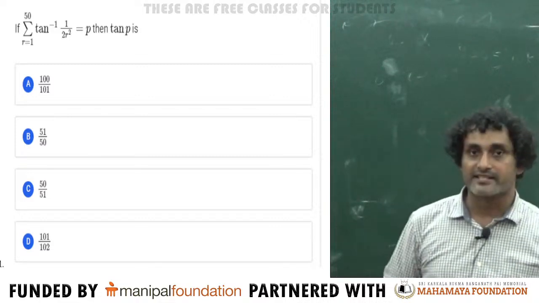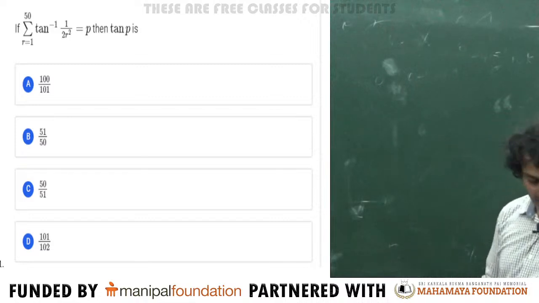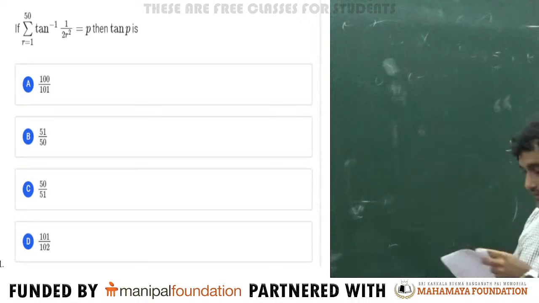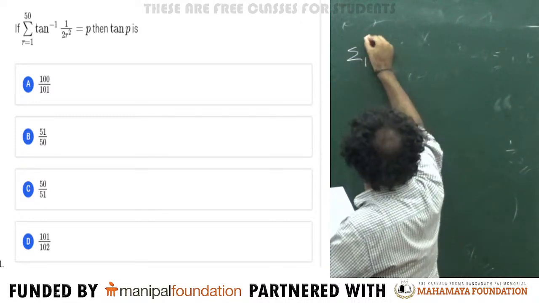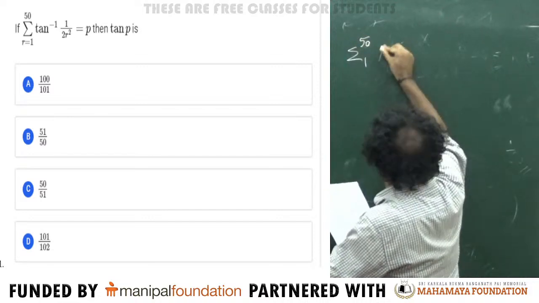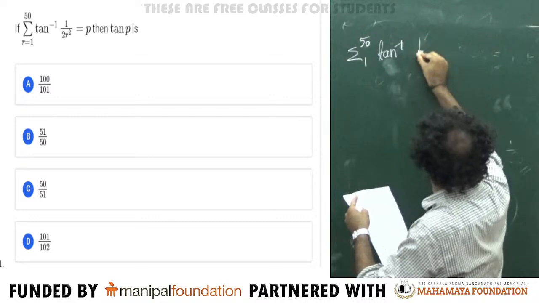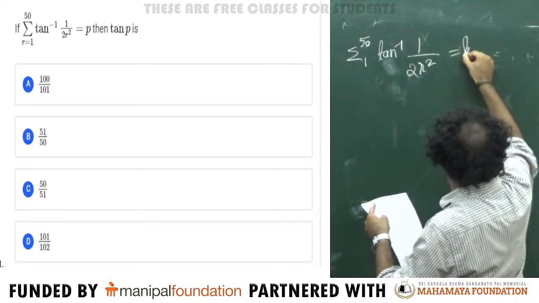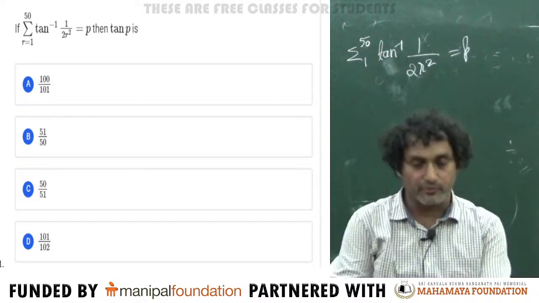For example, look at the first question. It's like this: summation r equals 1 to 50 tan inverse of 1 by 2r squared is equal to P. So I'll give you the hint of what I'm going to do here.